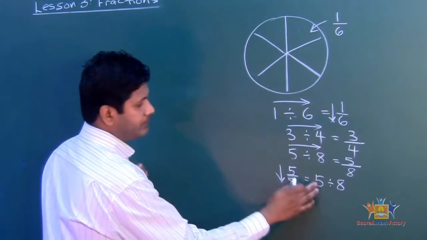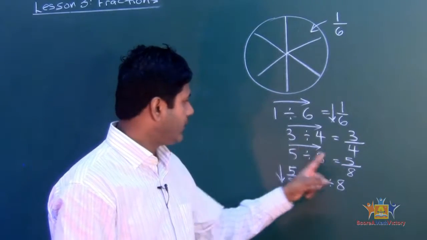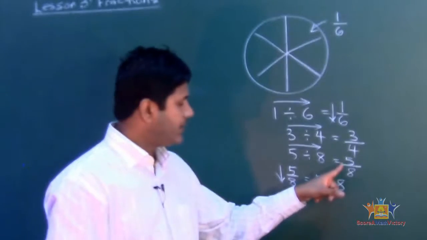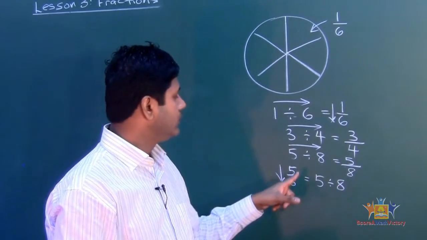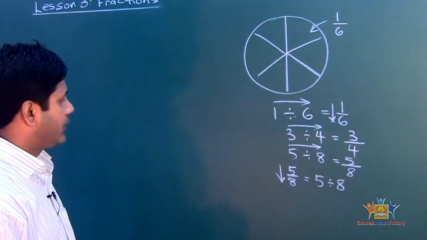See that? Same. Vice versa. The right arrow method converts that into a fraction. The arrow down method converts the fraction into division form.